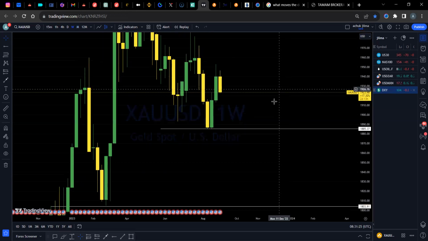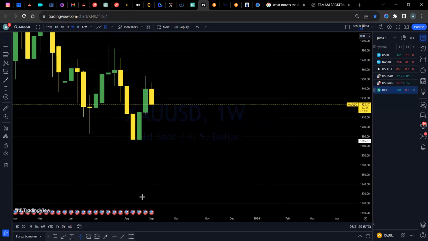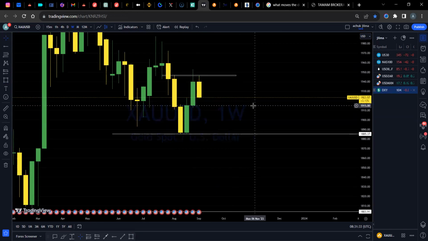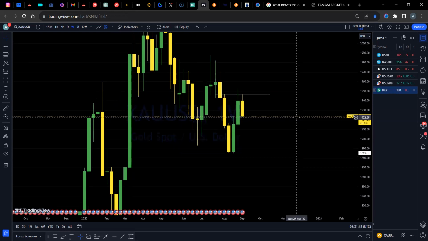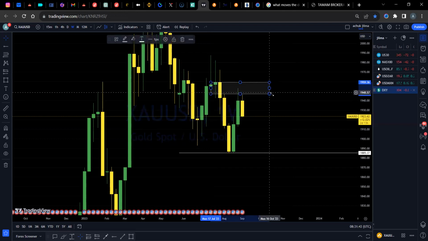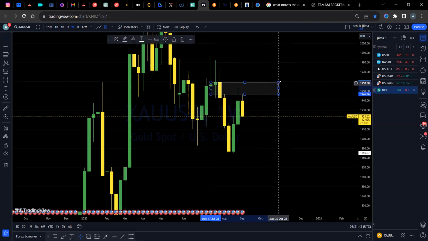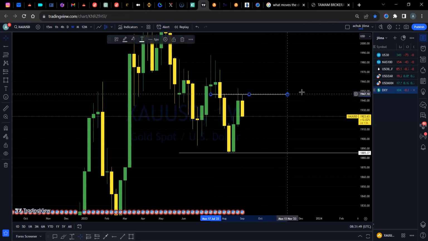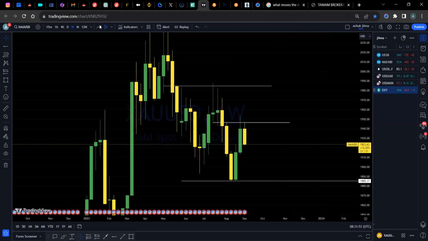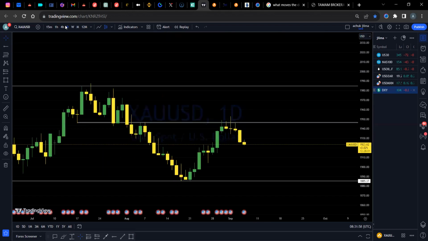So if you look at this on the weekly, this is an area, the weekly area. The market is failing to go further. We're beginning to see a decline in price on that area, depending on how you analyze it. But if you look at this, this is an area gold is actually failing to break upwards. Previously, we also had this area, which was also a very important area.